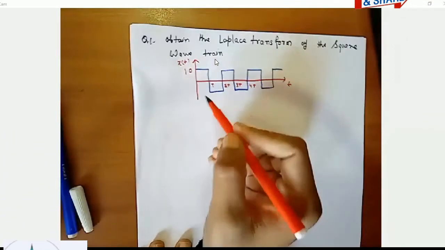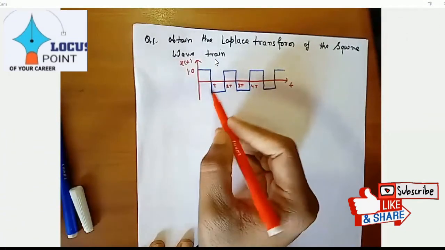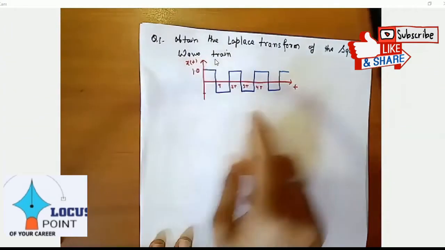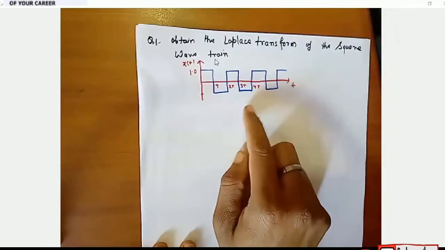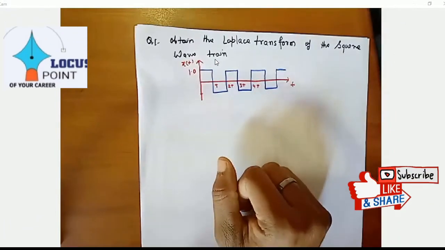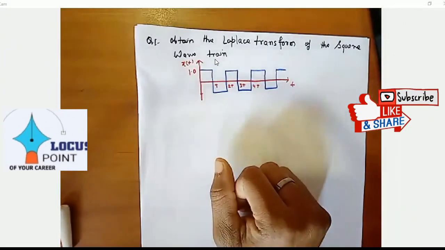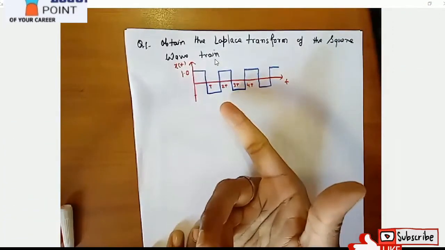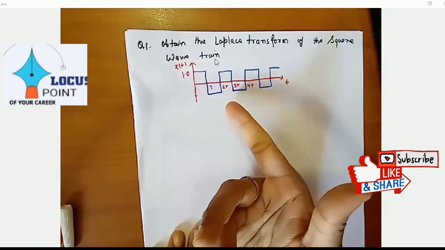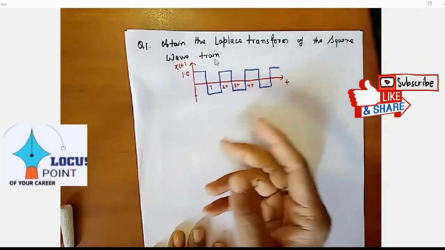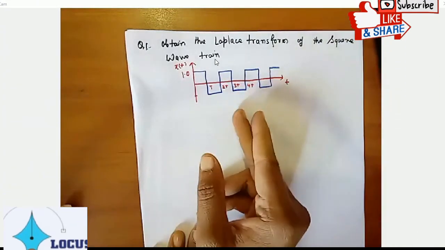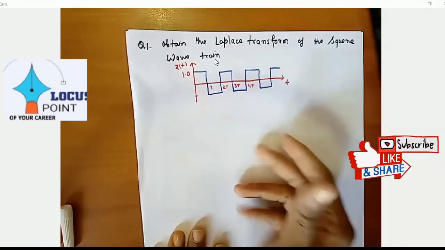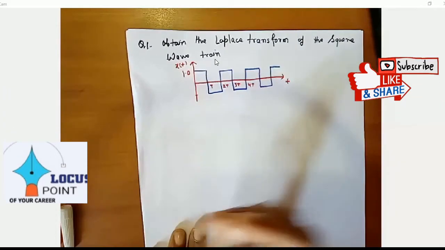I hope everybody understood this point. Again it will be minus 1. So you need to calculate the Laplace transform of this periodic signal. How will you approach? The approach is very simple. You will write the mathematical expression of this waveform, and that is nothing but the waveform synthesis part. So how will you write this?